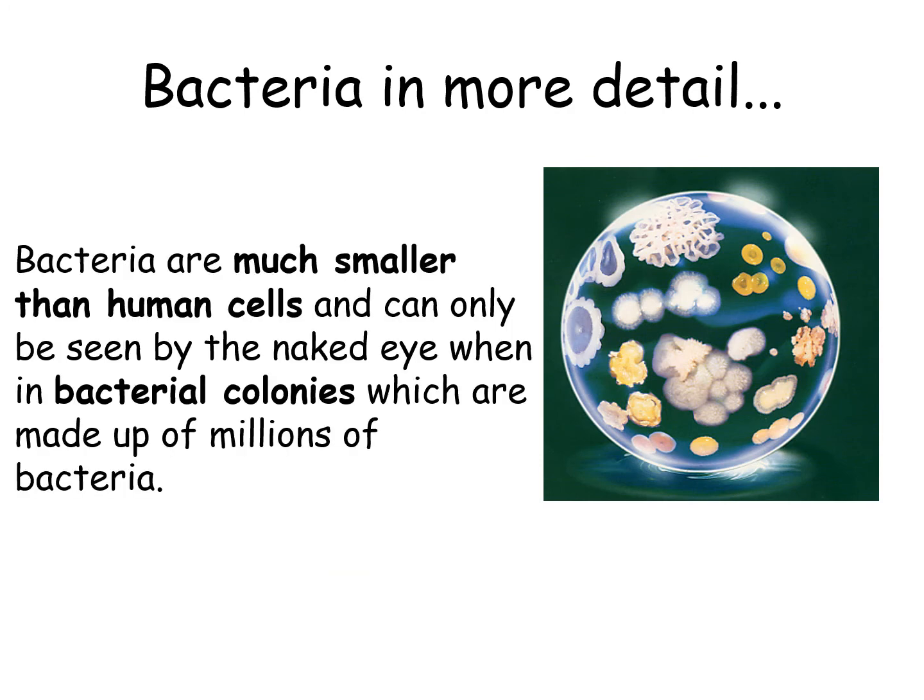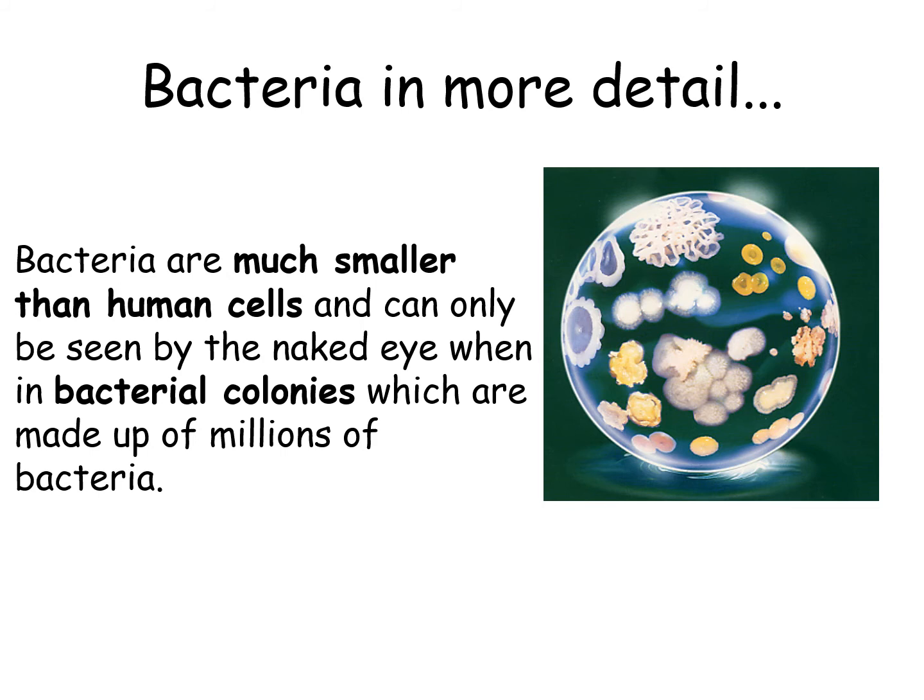Now, bacteria are so small that you can't see a single bacterium with the naked eye. You can only start to see bacteria when they start to grow in groups, and we call those groups colonies.